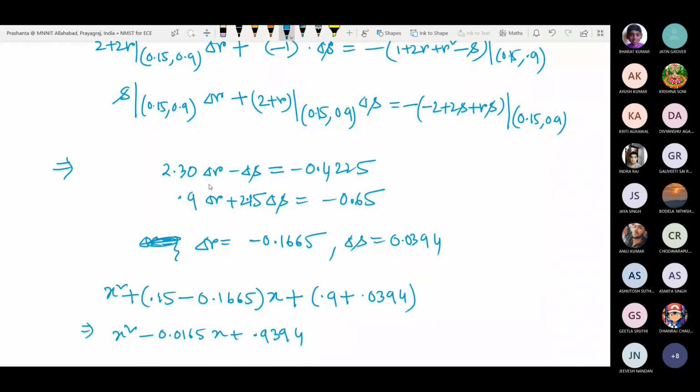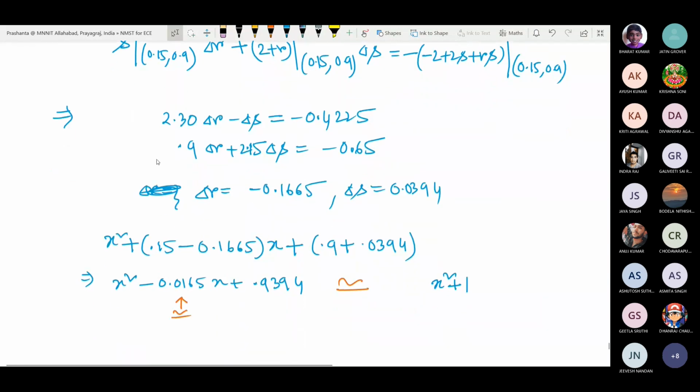You said x square plus 1. So you see only after two iterations they are very close to each other because the coefficient of x is very close to 0. This value is very close to 0. And this value is also close to 1.